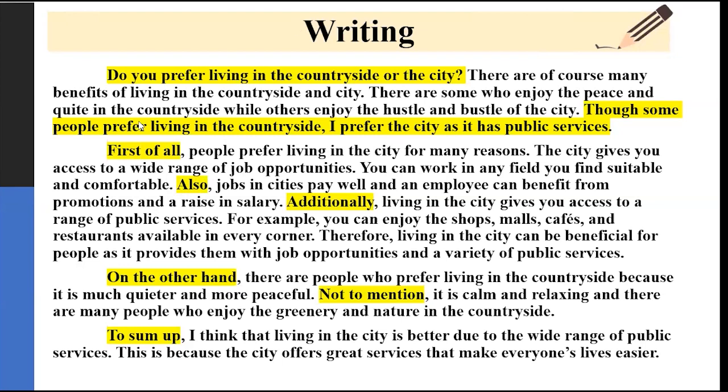So you have to start your body 1 with a transition or opening word. Okay, it's always easy to use first of all or firstly. It's easy to learn. I put the topic sentence and then I begin to explain. This paragraph is only about the city, so I talk only about the city, I don't bring in other ideas, I don't talk about the countryside. No, we said in the outline that one paragraph will talk about the city and one paragraph will talk about the countryside, so I don't mix and tangle them, each one on its own. This is very important.